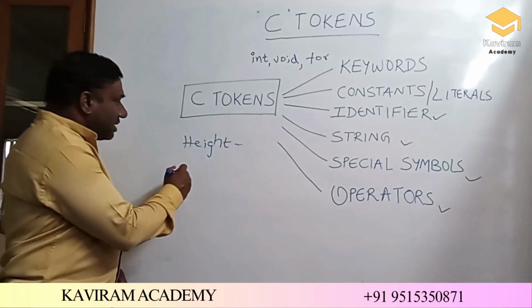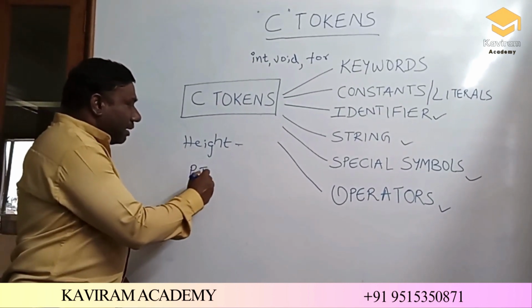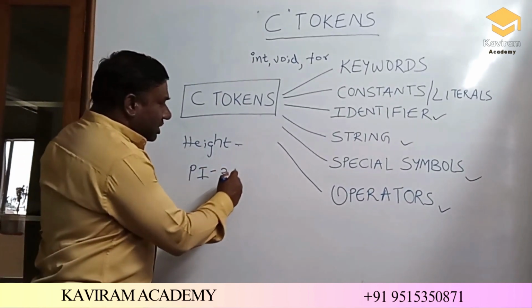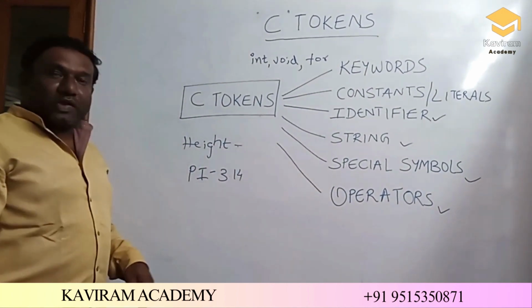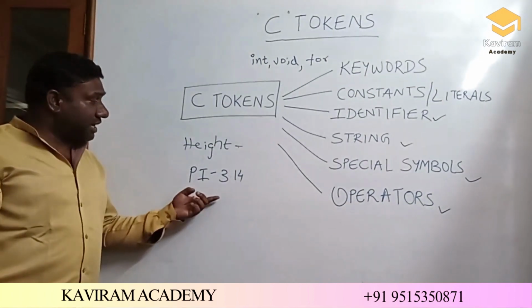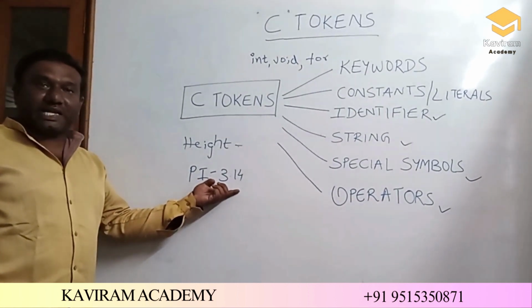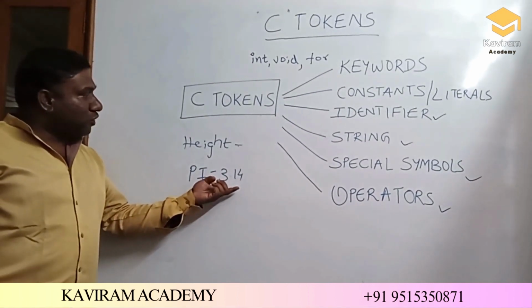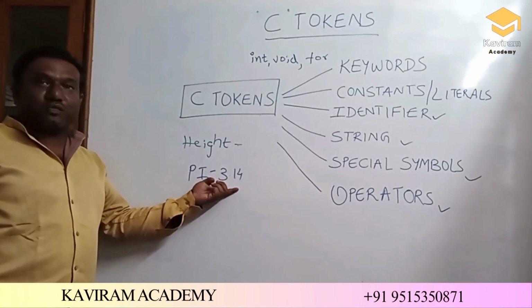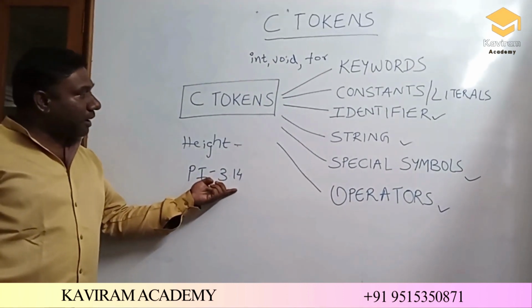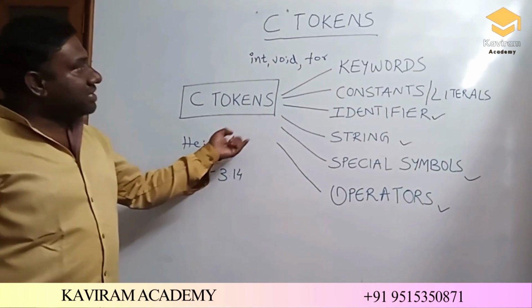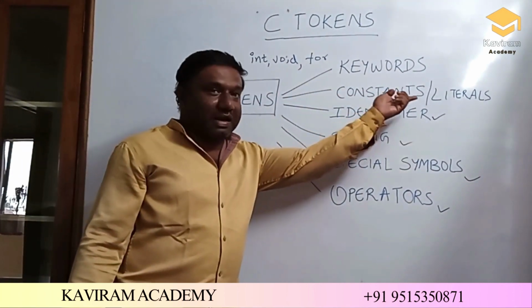Next, the value of pi is 3.14. Whenever we calculate for a circle, we take the pi value. This pi value will not change, it is a fixed value. So whenever there are fixed values which will not change in your program, we call these constants or literals.